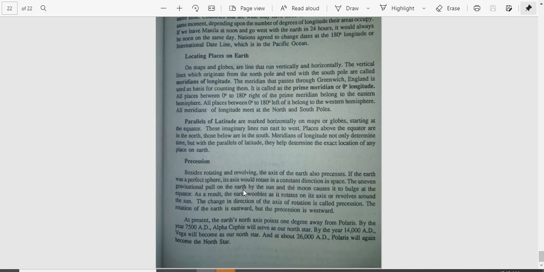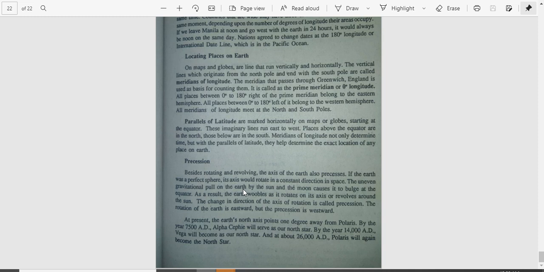Next is your locating places on Earth. On your maps and globes, lines run vertically and horizontally. The vertical lines that originate from the North Pole to the South Pole are called your meridians or longitude. The meridian that passes through Greenwich, England is used as the basis for counting them, and it's called your prime meridian or 0 degree longitude.